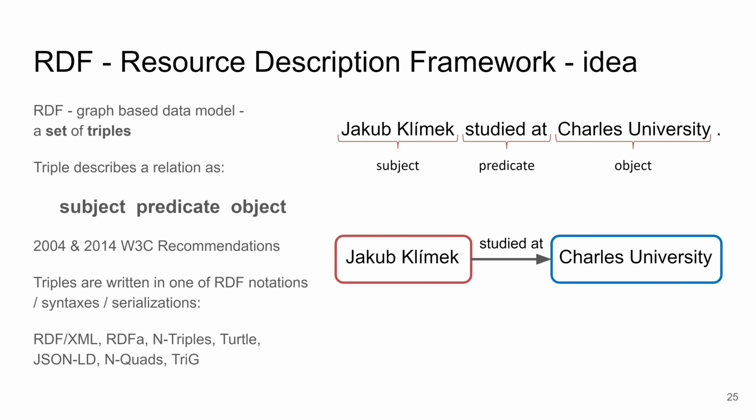RDF was created as a W3C recommendation in 2004. Then there was one update in 2014, which was quite a minor update. So basically, RDF as we know it exists since 2004. It is important to realize that RDF is a data model, so it doesn't say by itself how it is serialized in a file.